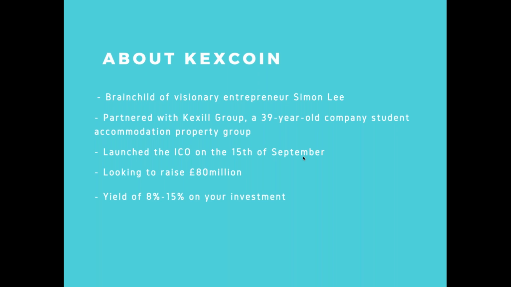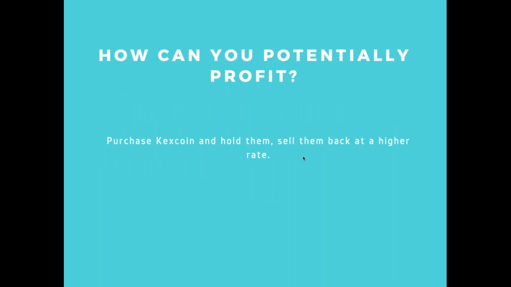But there's an interesting thing about tokens, because with normal fiat currency, when we put money in a high interest account or buy shares, we only benefit from the increase or the interest, the yield. But with Bitcoin, there are some other interesting things. So how can we potentially profit from this?